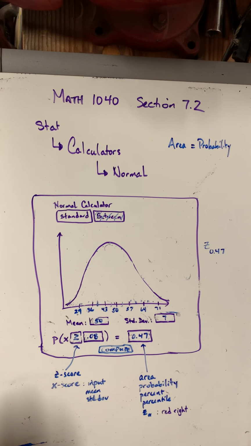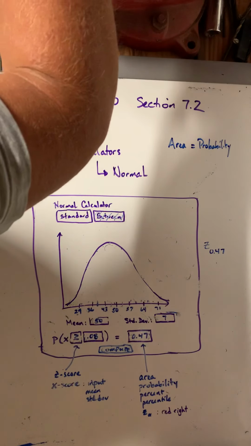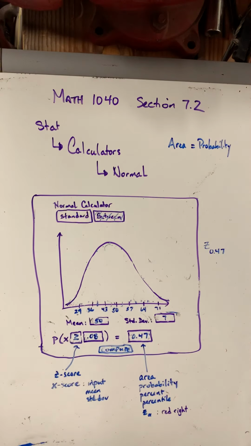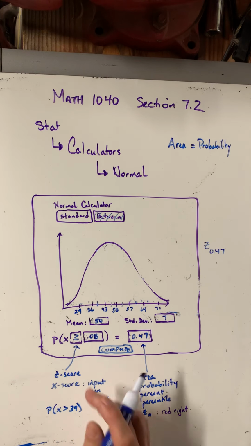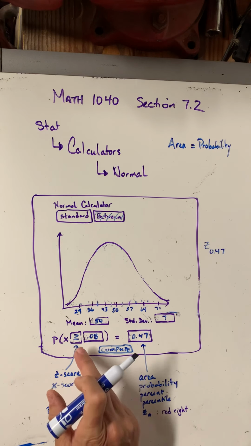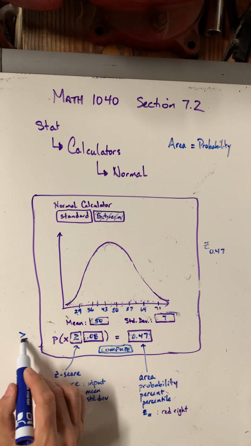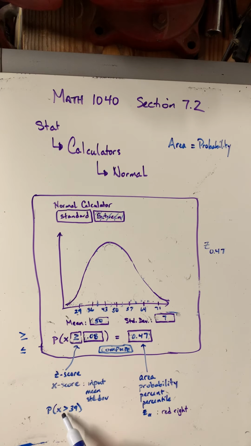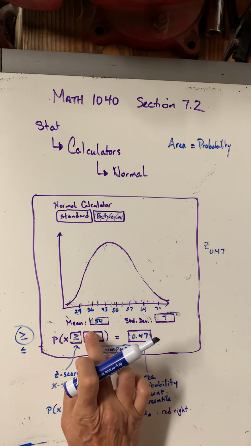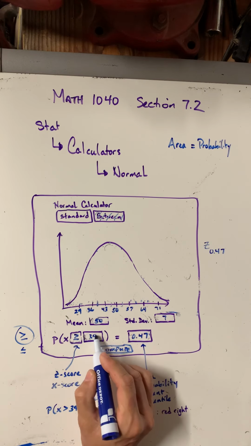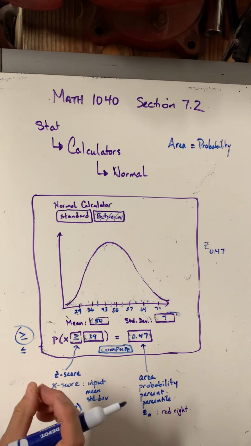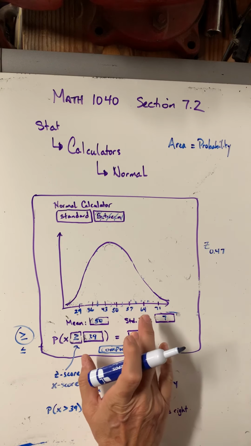I think that's right. Anyways, you have to show them what that shading is and then find the probability. So if they're asking me for the probability that x is greater than 39, they only give you the option of greater than equal to or less than equal to. So if they say greater, just use the greater than equal to. And then I'm going to put 39 in here, and I'm going to hit compute, and I think my answer was 0.9420.